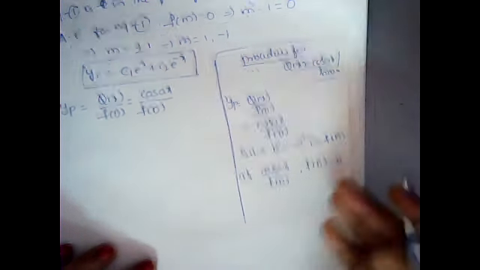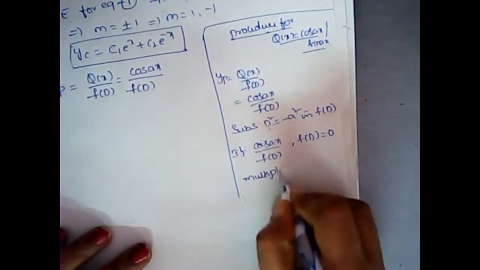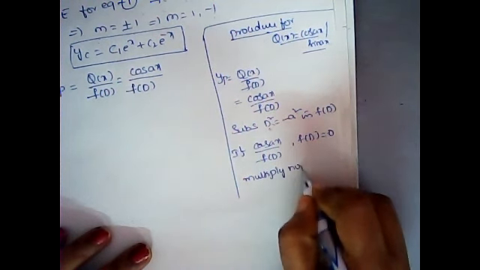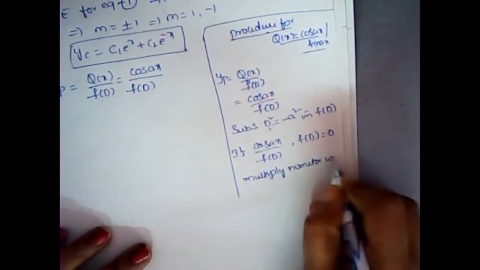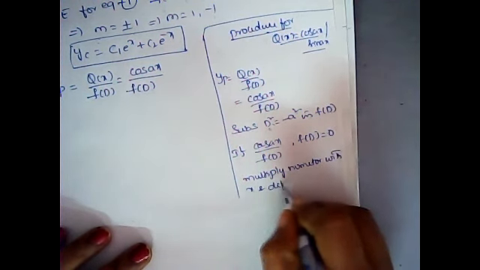Then we need to continue by multiplying the numerator with x and differentiating the denominator.